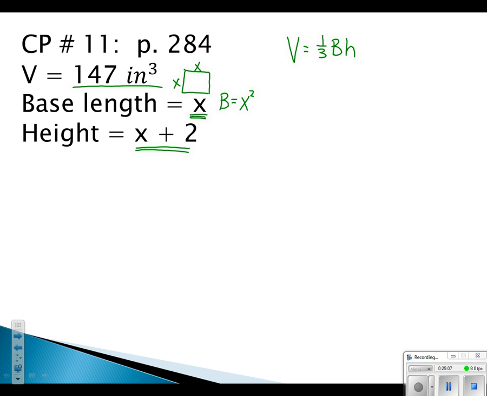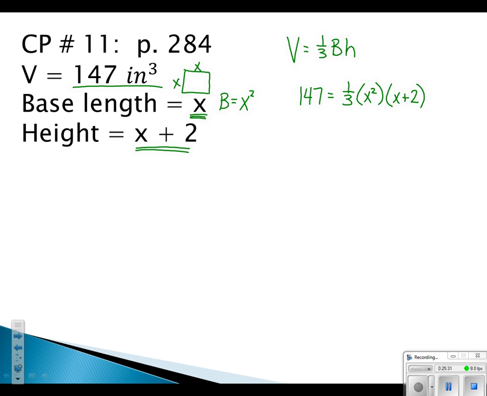Let's fill in our other stuff. They hand us the volume. 1/3 is part of the formula. Base area is x times x, or x squared. And my height is the expression x plus 2. Okay, now let's start calculating here. First thing I'm going to do is get rid of that 1/3 over on the right-hand side.